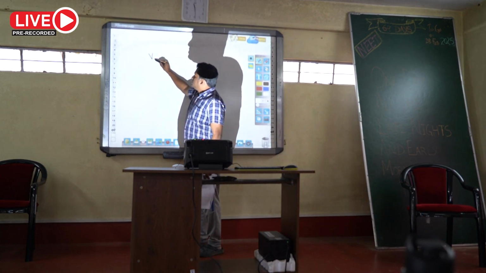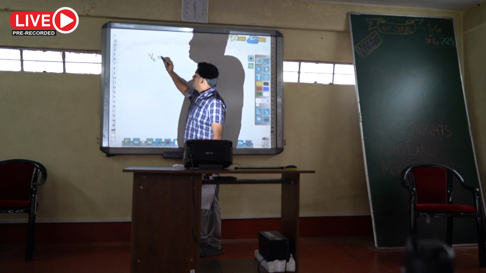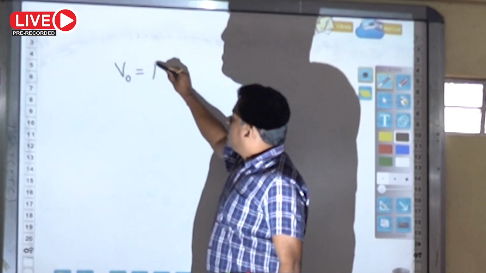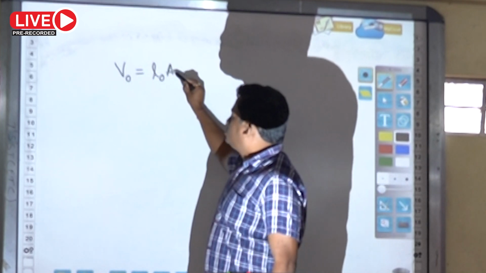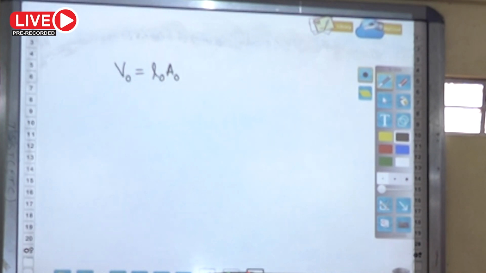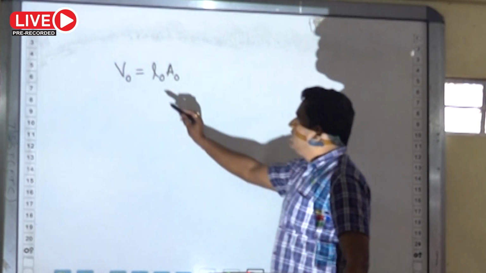See, initially we can write that V naught equals L naught into A naught, that is, the length of the mercury column initially will be L naught.